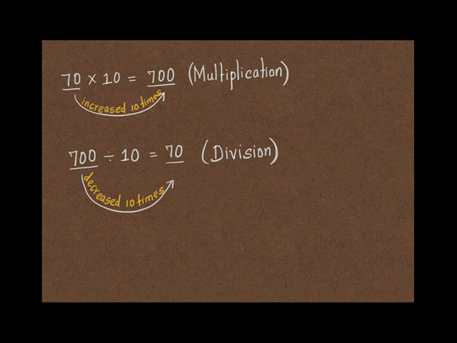When we divide, the value decreases 10 times and it becomes 70. When we multiply by 10, the value increases 10 times and becomes 700. So in multiplication the value increases, and when we divide, the value decreases.